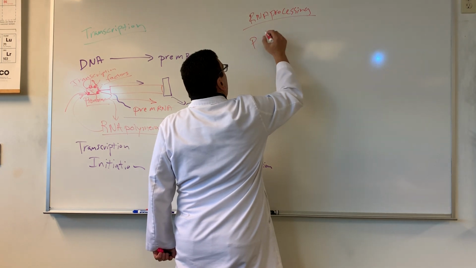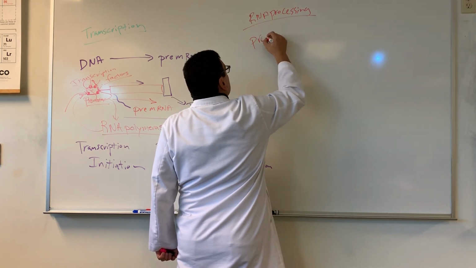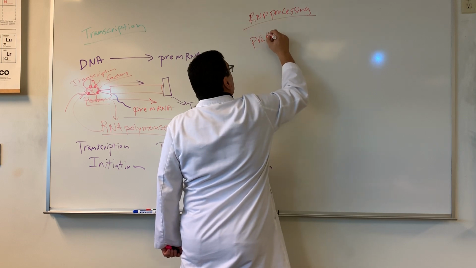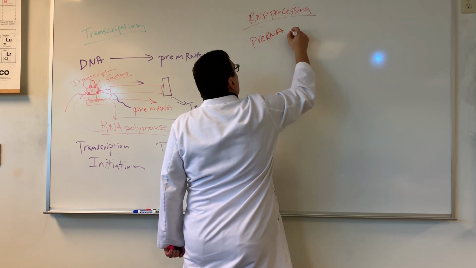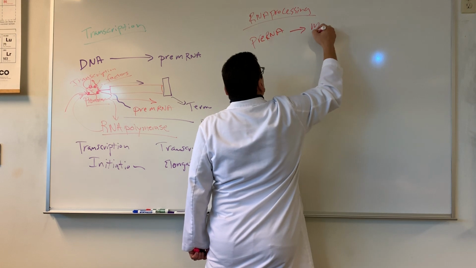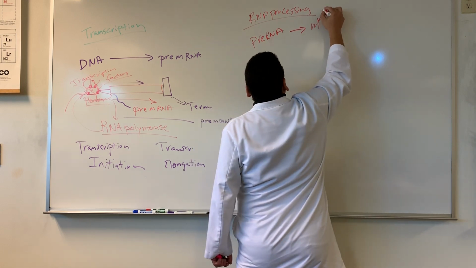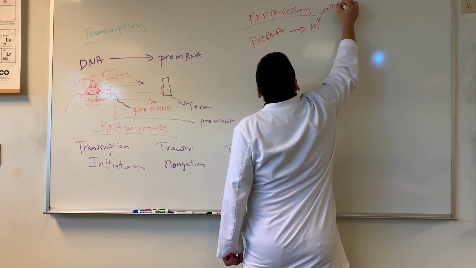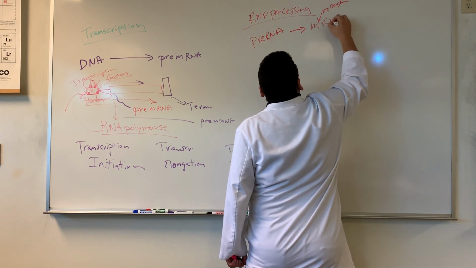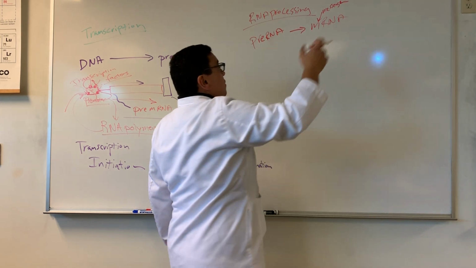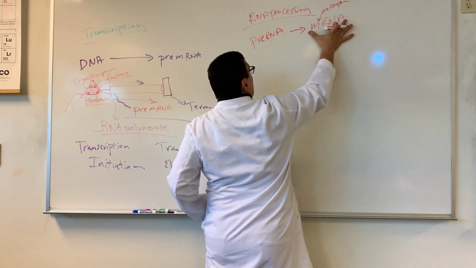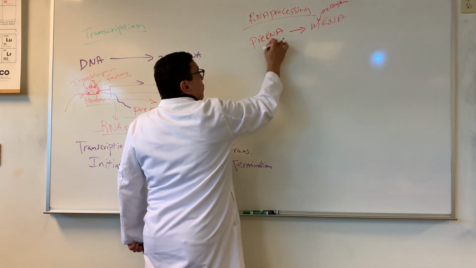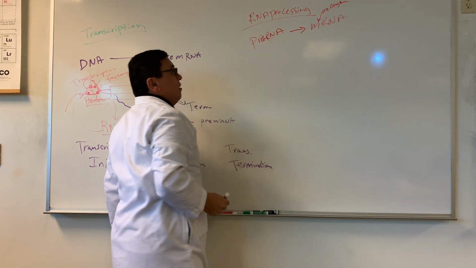So RNA processing will take your pre-RNA and process it into the mature mRNA. The word mature is not this one. This, remember, means messenger. Mature means processed RNA. When I say mature, I mean it's been processed. So this is the mature mRNA. This is the primary transcript, the pre-mRNA.